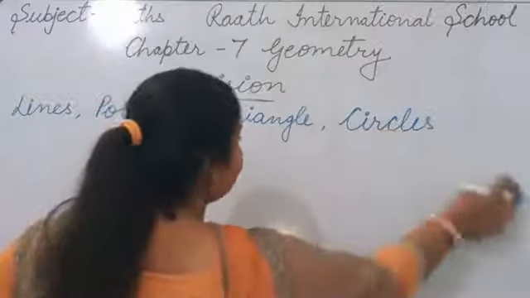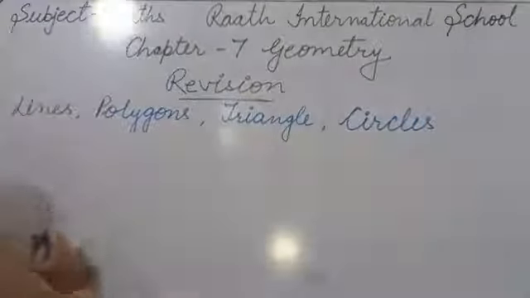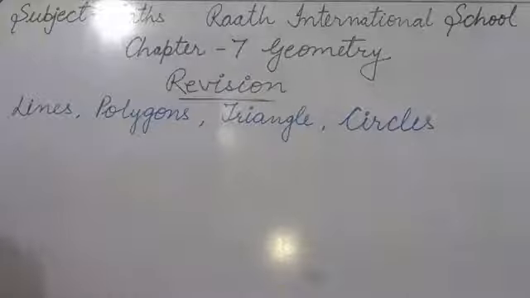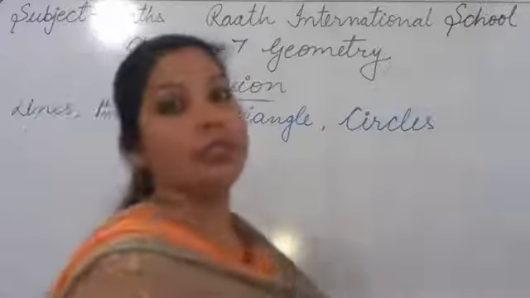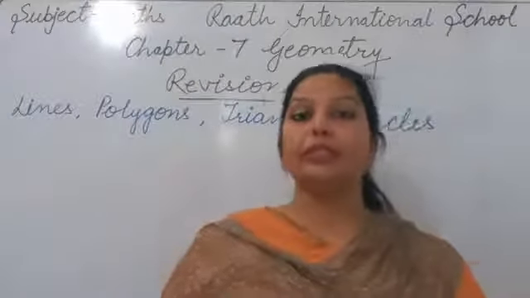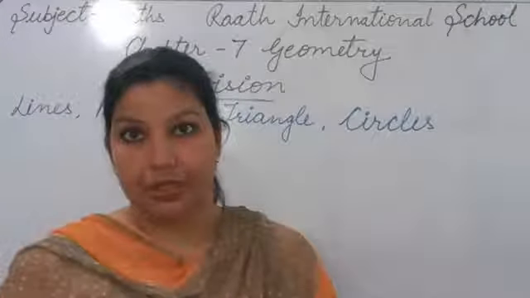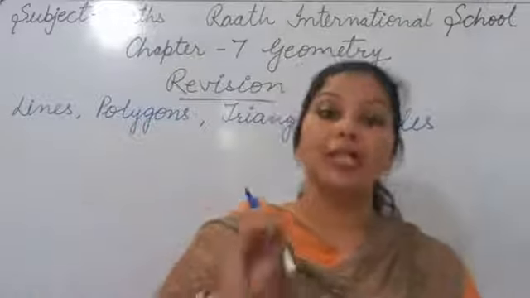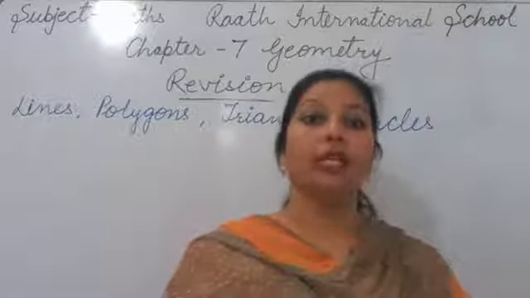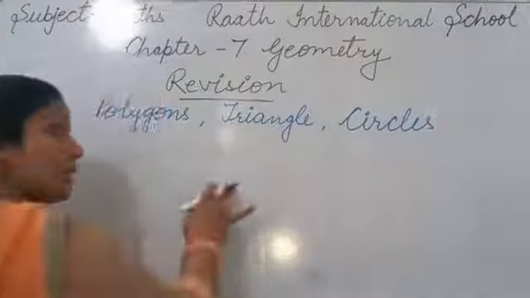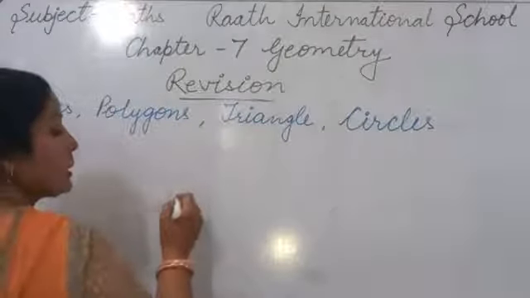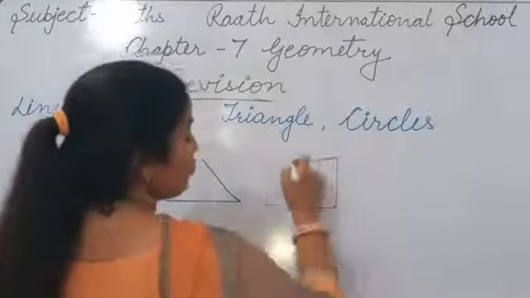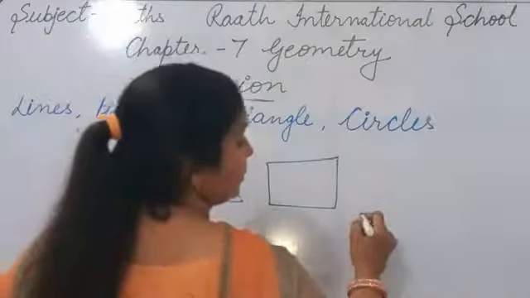Now after that what do we have? Polygons. So what is a polygon? A polygon is a closed figure, made up of 3 or more line segments that do not cross, जो एक दूसरे को क्रॉस नहीं करेगी. जैसे आपके पास है this, this is also made with 4 line segments.